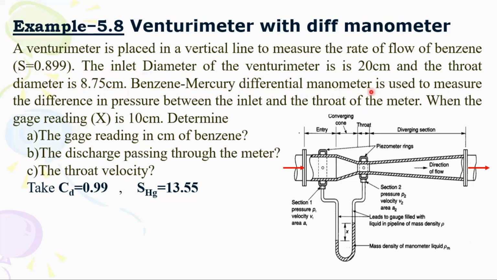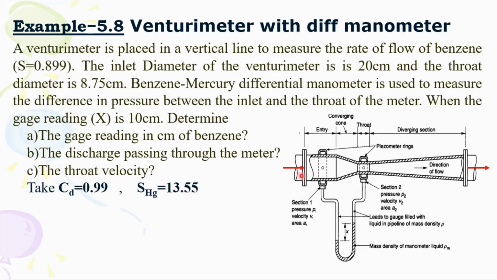A benzene mercury differential manometer is used to measure the difference in pressure between inlet and the throat of the meter. When the gauge reading X is 10 centimeter, what will be the gauge reading in centimeter of benzene? Find the discharge passing through the meter and the throat velocity. Take coefficient of discharge 0.99 and specific gravity of mercury 13.55.